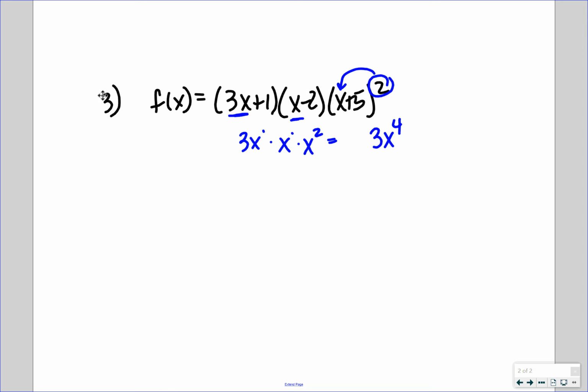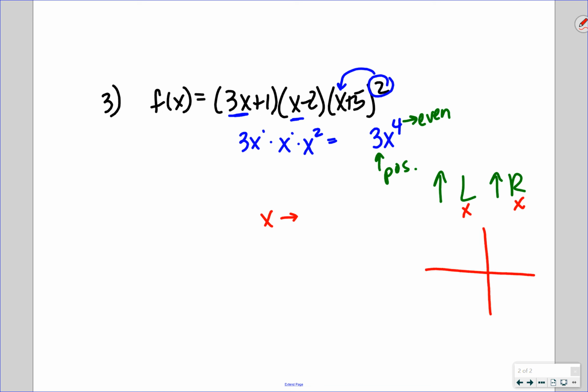End behavior, I have an even degree polynomial with a positive coefficient. That means up on the left, up on the right. Left and right are x characteristics. So when I'm on the left side of my graph, x is negative. It's a negative infinity. That looks like a negative 8, but it's a negative infinity.